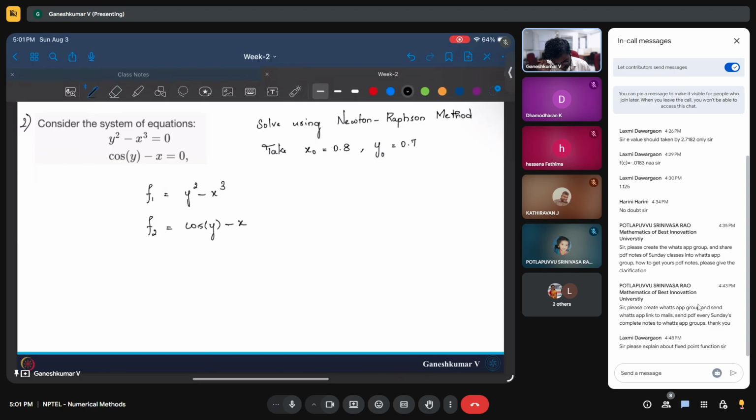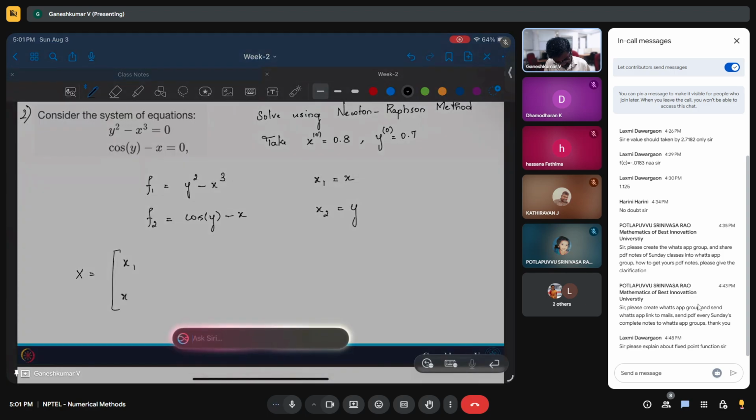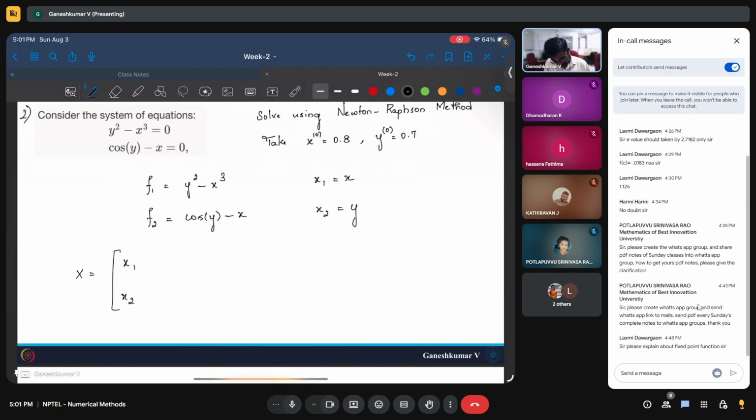Let me write this. That's x naught, y naught. So I'm going to call x1 to be x and x2 to be y, just for convenience. We can actually write a vector x which has x1 and x2, which is basically x and y, the dependent variables whose roots you want to find.